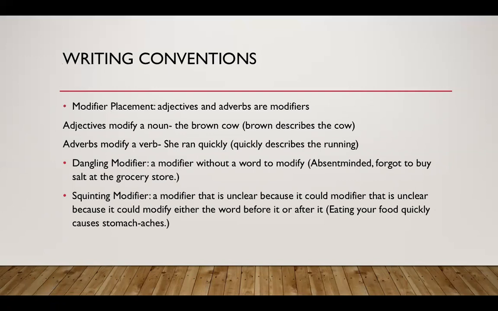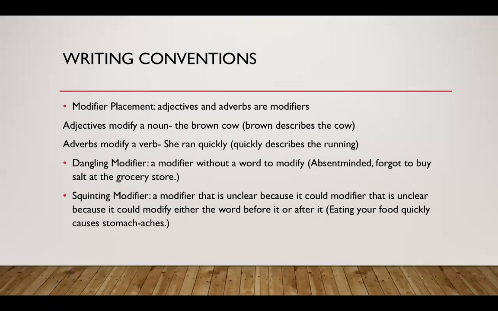A squinting modifier is a modifier that is unclear because it could be a modifier of either the word that comes before it or the word that comes after it. So here's an example.